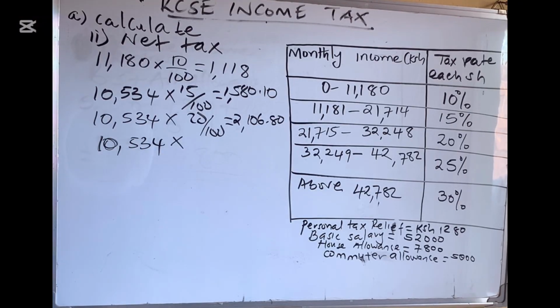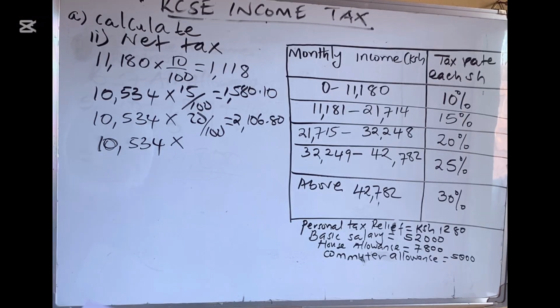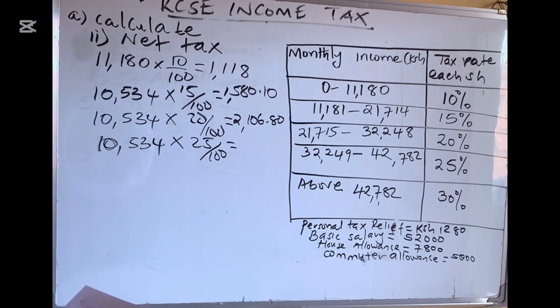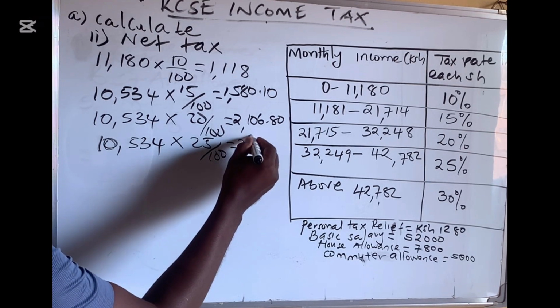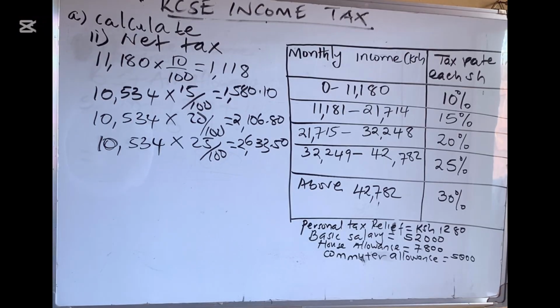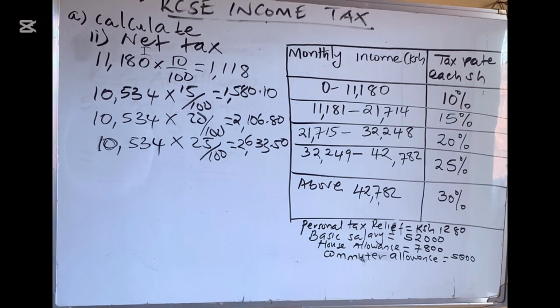And the tax that we are going to charge is 25% of that amount. 25% of that will give us 2,633.50.